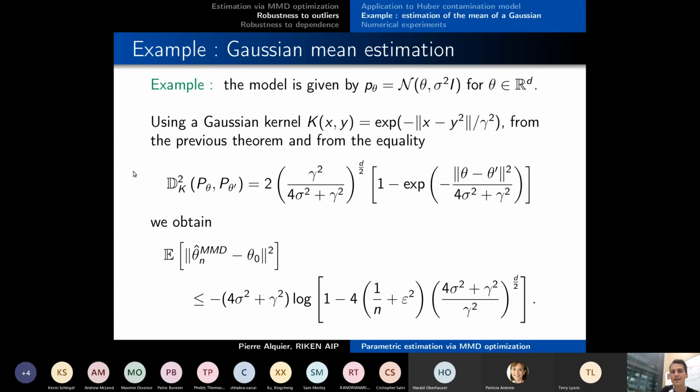So the MMD distance between 2 parameters, theta and theta prime, can be computed explicitly. It depends on sigma squared, but we assume that we know it, and it depends on gamma, which we don't know. We don't know which one to choose.